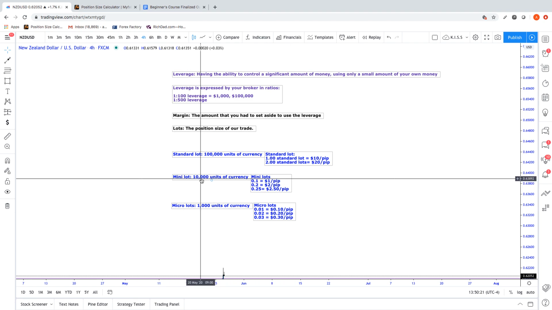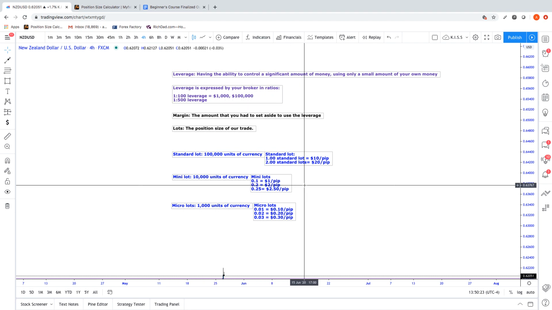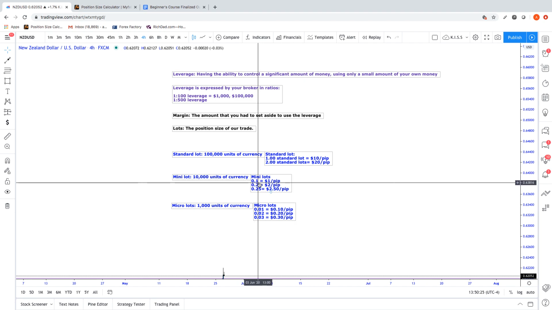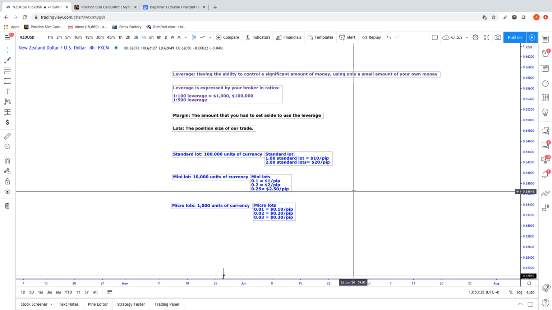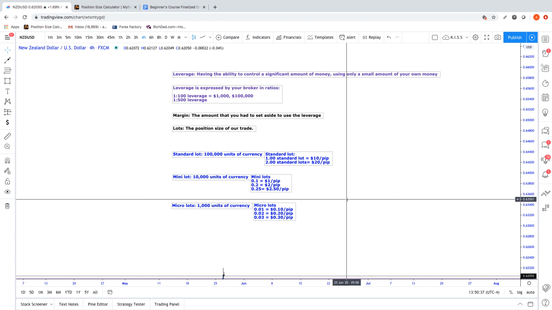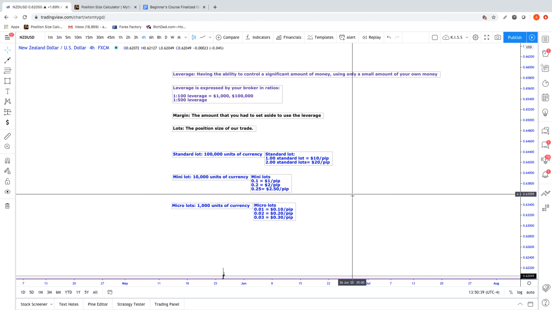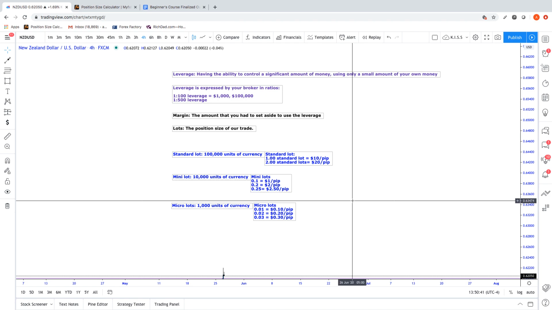It allows you to take control of 10,000 units of currency, denoted by 0.1. If you use a 0.1 lot size, it yields you $1 per pip. So if it goes up 1 pip, you're up $1. If it goes down 1 pip against you, you're down $1.